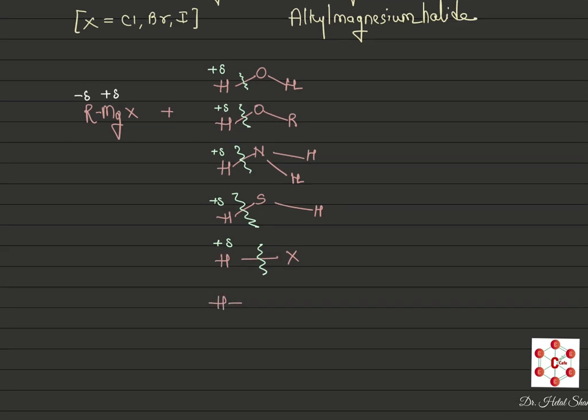Which carbon is most electronegative? Sp. So an sp carbon is a carbon with a triple bond. If hydrogen is connected to that carbon, again the same thing. Now all of this would finally give you what? RH.